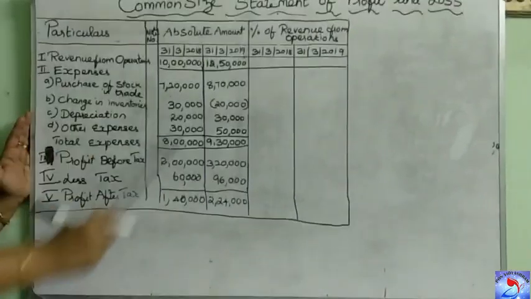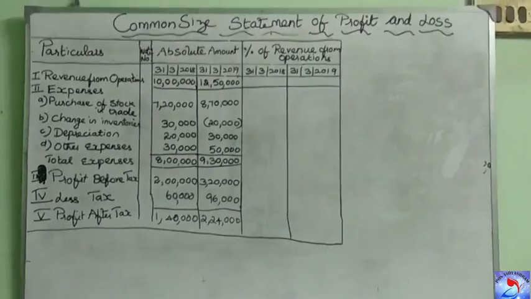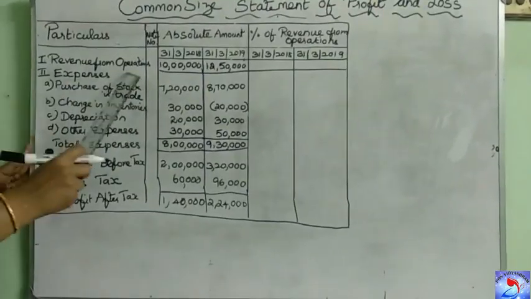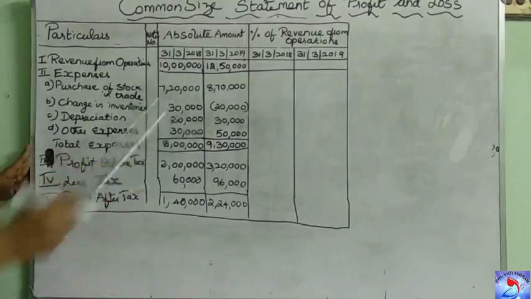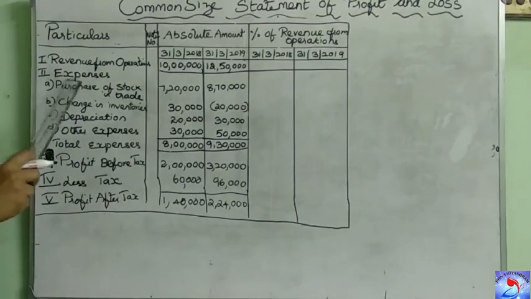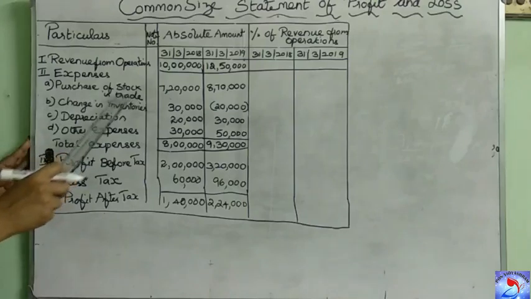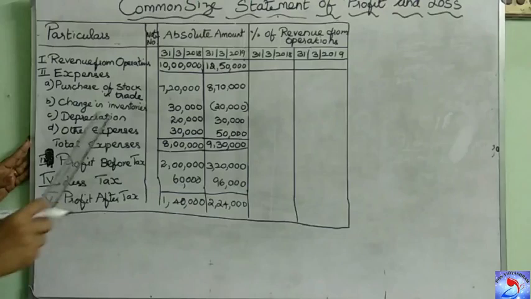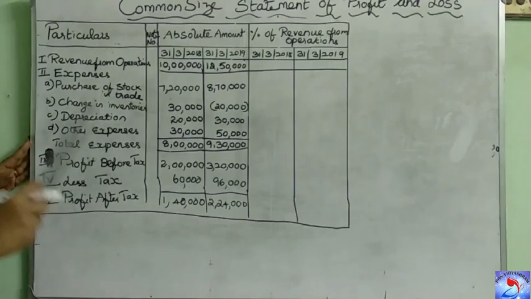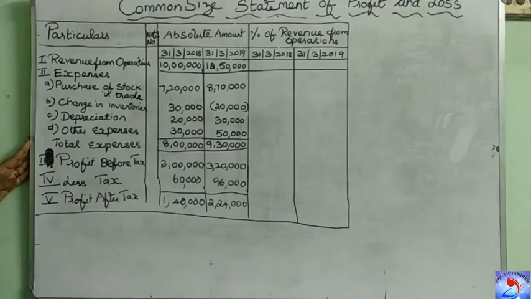We have discussed the profit and loss account format. What is the profit and loss format? We have revenue from operation, and other incomes give you total revenue. Then expenses: purchase of stock and trade, change in inventories, depreciation, other expenses. If you add all these four items, you get total expenses, the amount which is given.